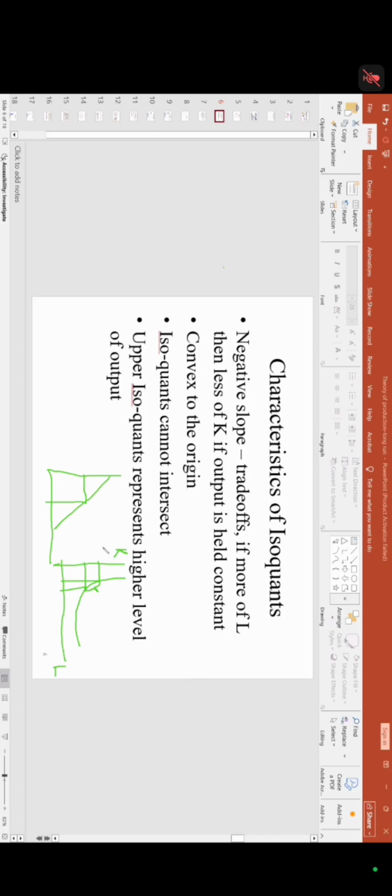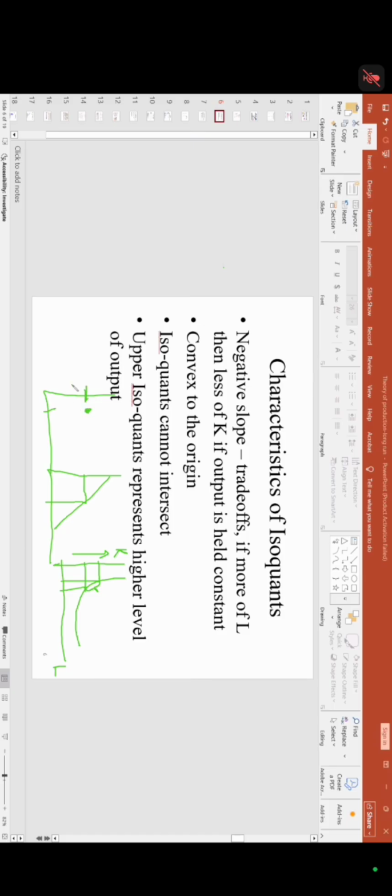If you increase, yes. Gradually the slope is declining as you come down. Yes. So like this, you can explain it like this. So if you are increasing your quantity, if I plot here, you are going to have 3 K's or capital and 2 labels.